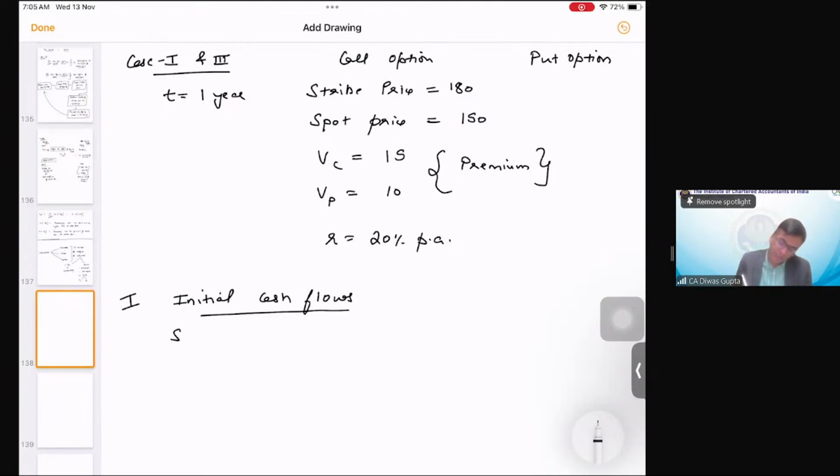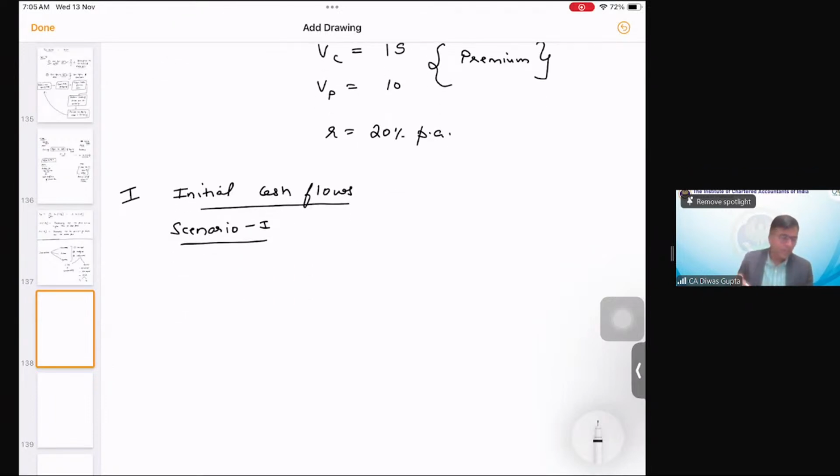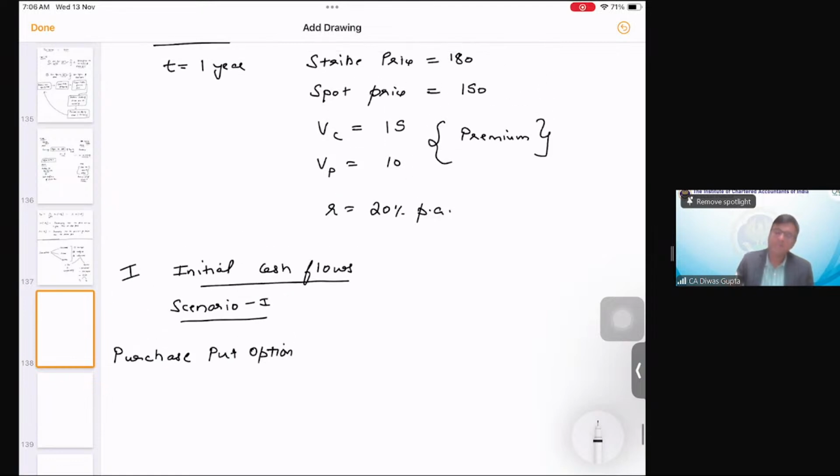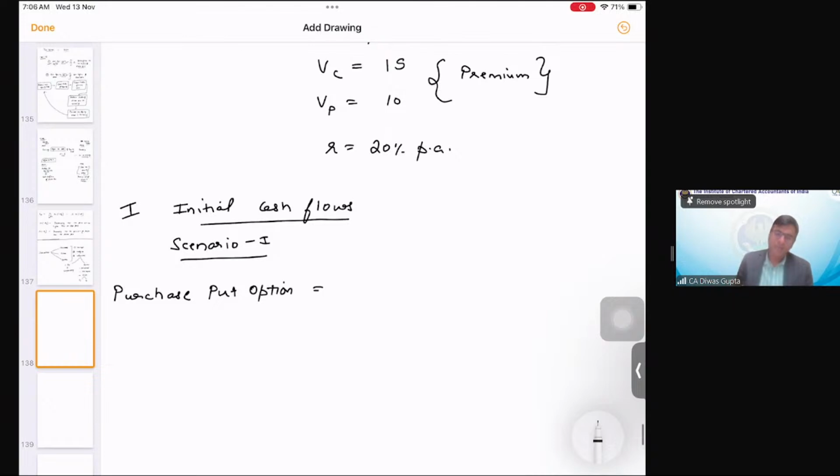So let's take scenario 1, wherein the person is purchasing a put option. For purchasing a put option, the person has to pay how much as premium? So this is one. Second is, I'm just putting A here and B here.